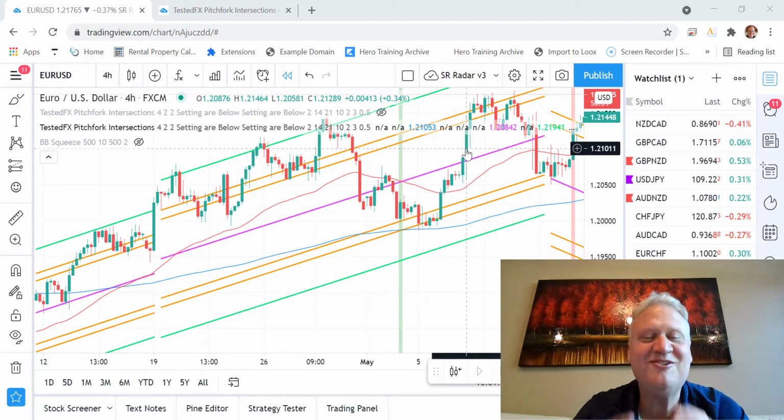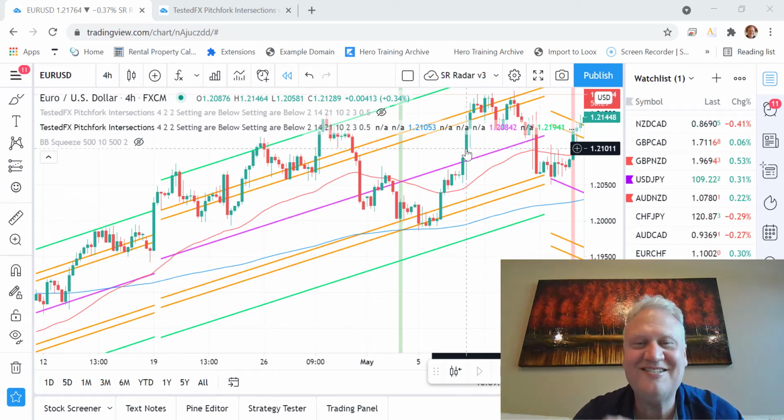Now there's something very special, and there's a reason why I love pitchforks and why I use this in my strategies. I have a computer science and math degree, and I love it when we have backtested. This is why we call it Tested Effects, because we go back and we test thousands upon thousands of times and figure out the probabilities of every single interaction.